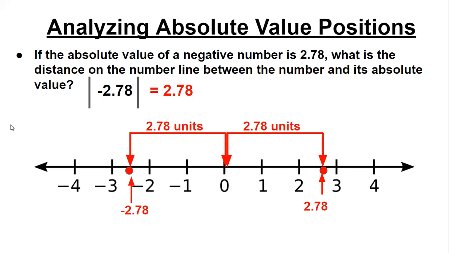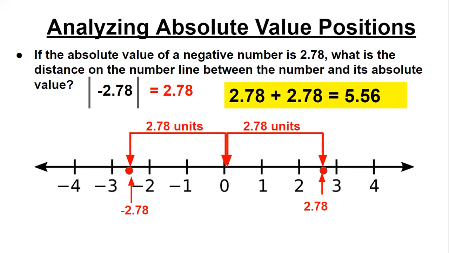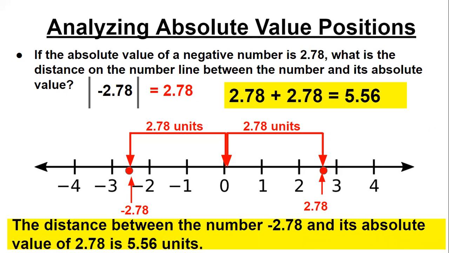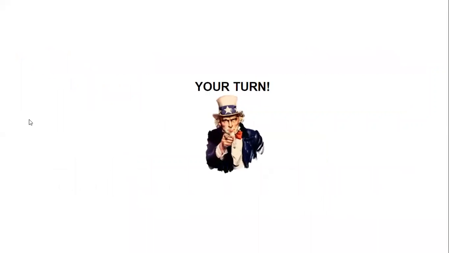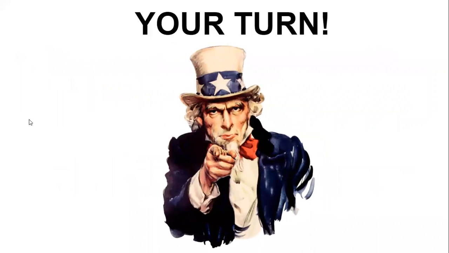You would add, right? You'd add 2.78 plus 2.78. You add them up and you get 5.56. The distance between the number negative 2.78 and its absolute value of 2.78 is 5.56. Okay, you get to try one of these questions and let's see how you do.